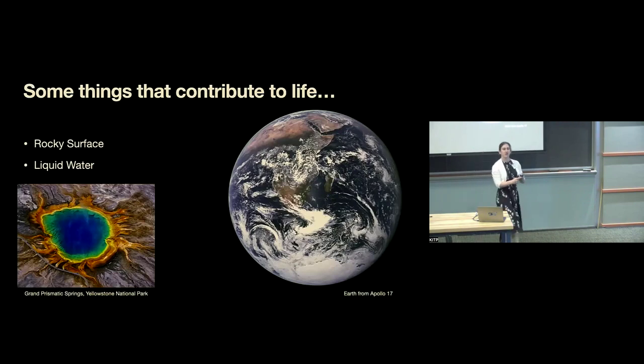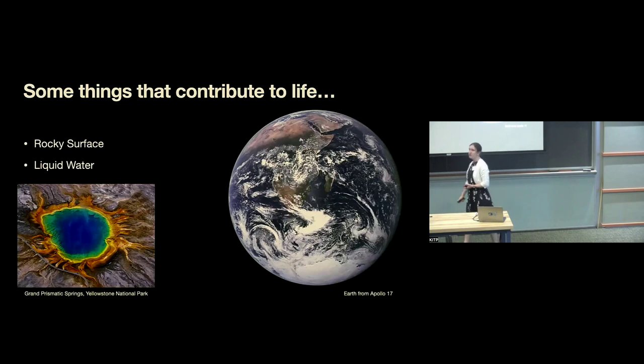Rocky surfaces are important, or so my chemistry and biochemistry friends tell me, because chemical reactions happen faster on rocky substrates than in a sort of nebulous three-dimensional region. It's just that the molecules find each other faster in a two-dimensional surface. So chemistry happens faster on rocky surfaces. That leads to the emergence of life. That's good. Liquid water is also incredibly important.